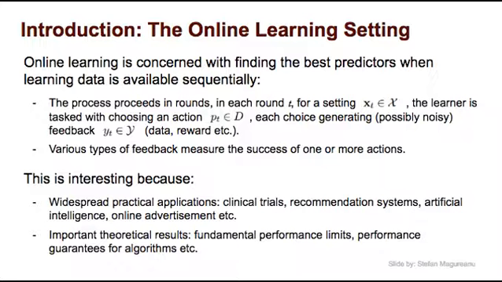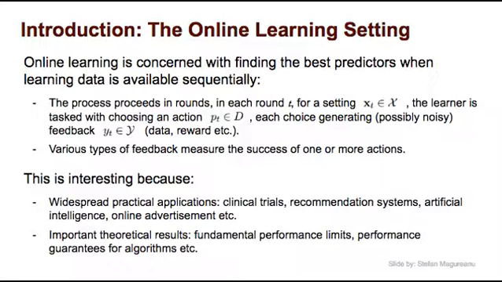Okay, what is online learning? Online learning is the problem in which we try to find the best predictor based on a sequential flow of data. So we have a prediction model and we have a sequential flow of input data that allows us to improve the prediction model at each round.